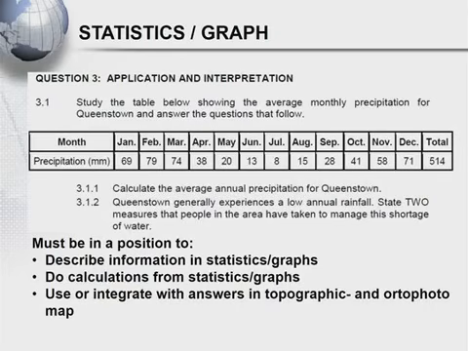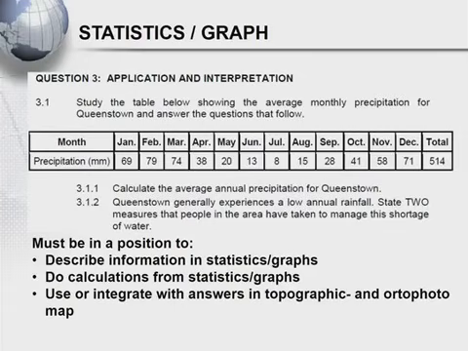Having given this puts the examiner in the position to test your statistical skills, but not only that. He can also test if you can use the statistics there and apply that on the map. And that's very, very important. That's some higher order thinking, to use the statistics and to apply it on the map.